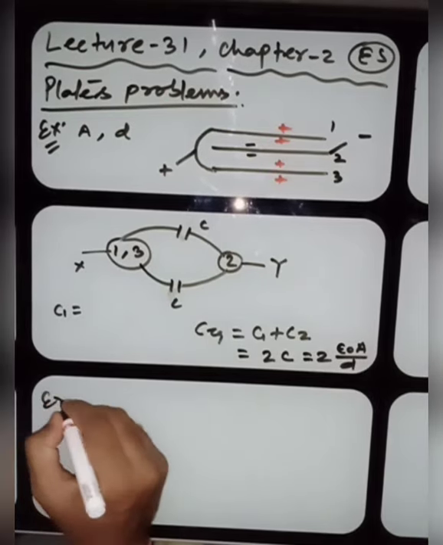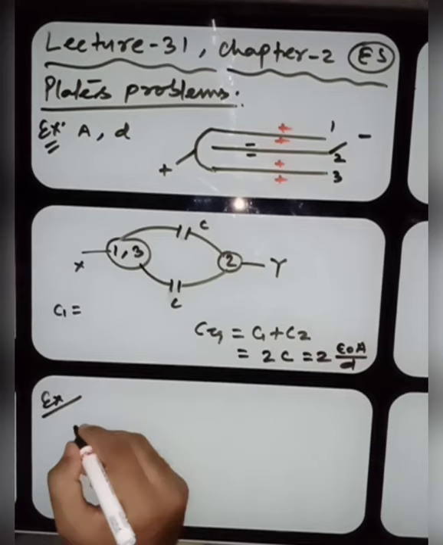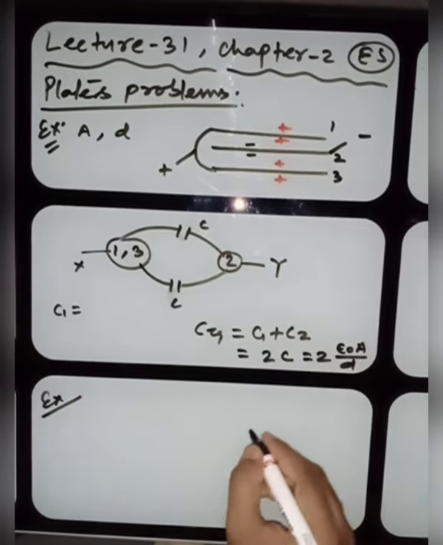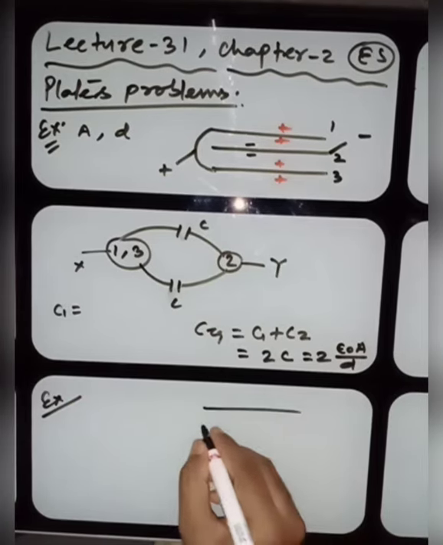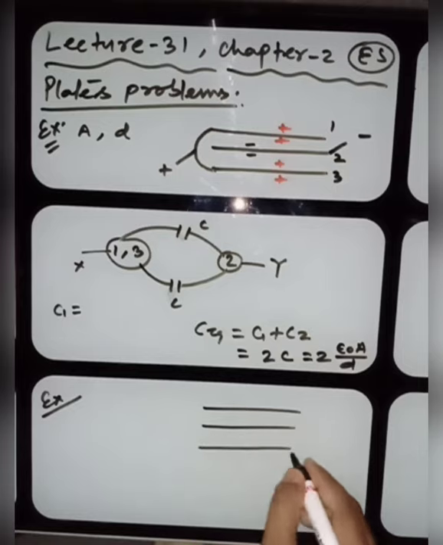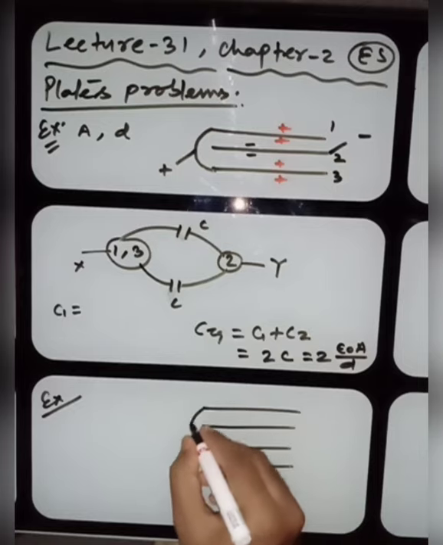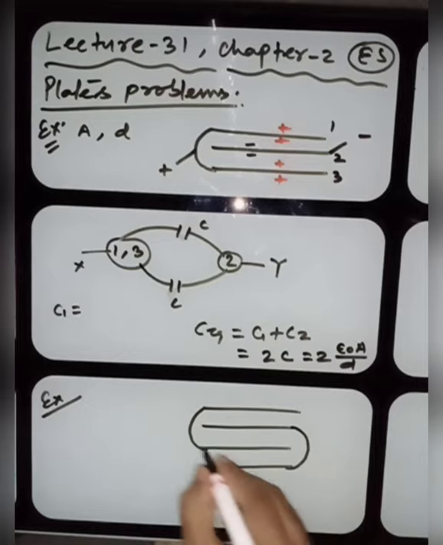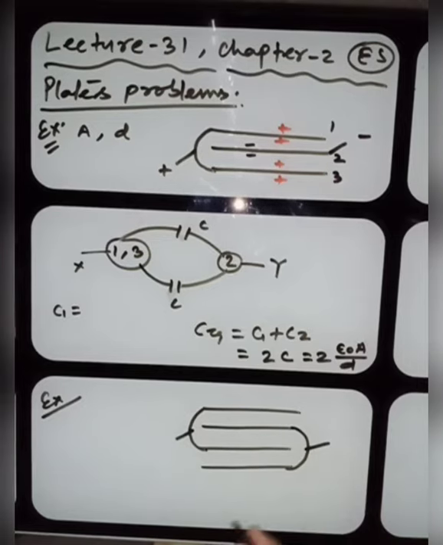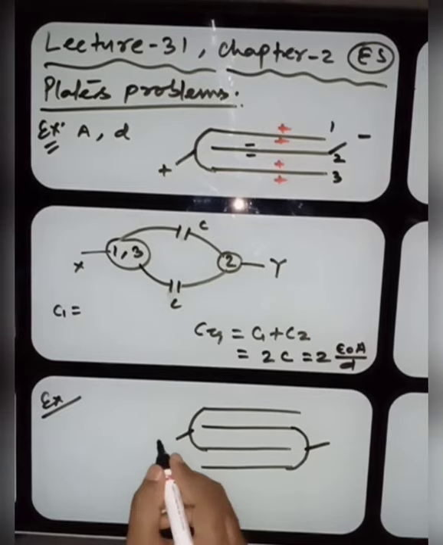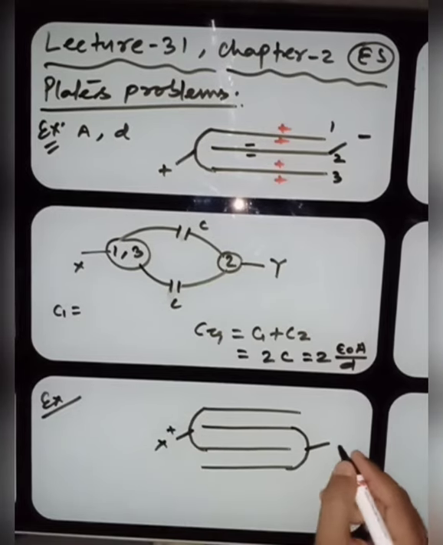Again, take another example. Okay my dear students, suppose this is the plate. Now students, this is the terminal for the positive. Suppose X is positive and Y negative.